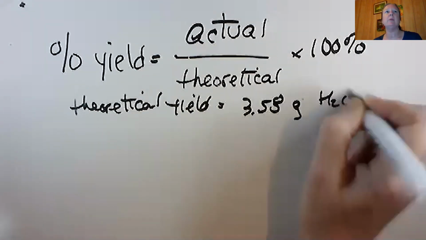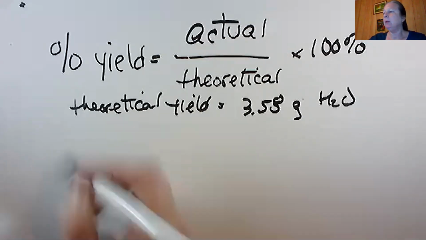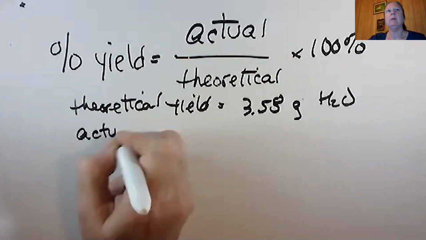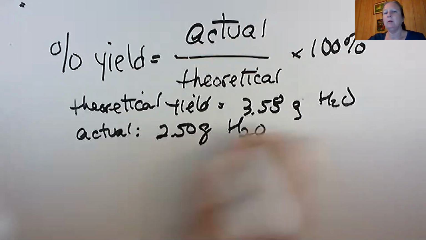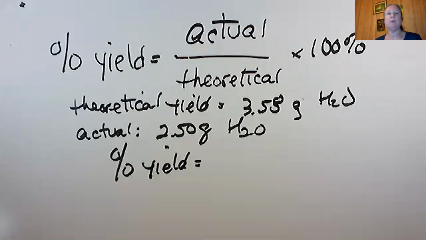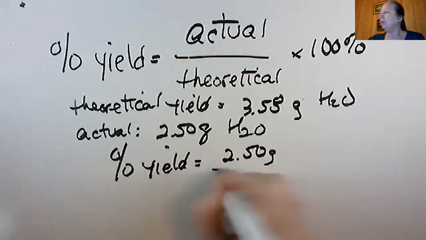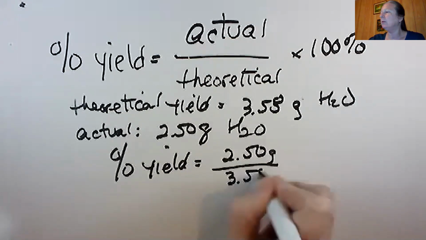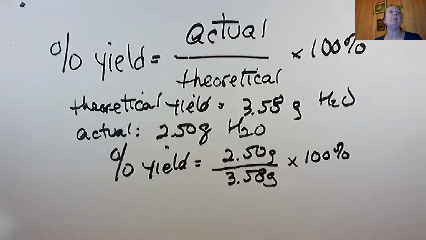But when you went to the lab, you only got 2.50 grams of water. So what is your percent yield? Right, you just divide your actual by your theoretical. So my actual was 2.50. My theoretical is 3.58. Again, it's a percent, so we have to say 100%, but that does not count towards the sig figs.